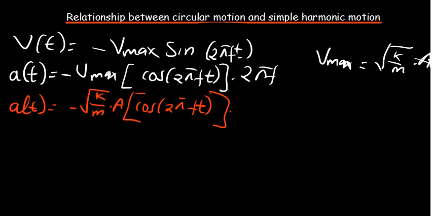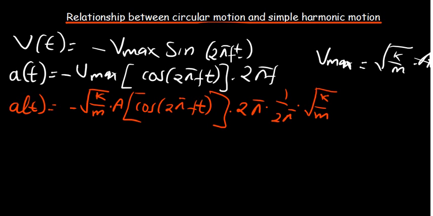We said it's going to be 1 over 2 pi times the square root of k over m. This is what we're going to have.